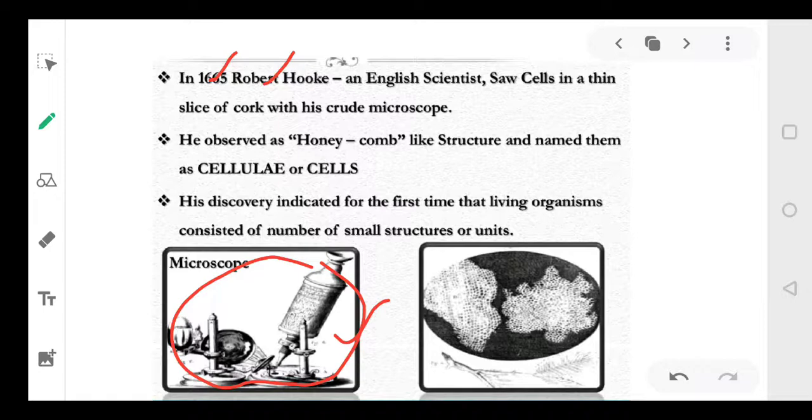He was observing that bark of the tree under his microscope. When he observed that cork of a tree, he saw that it has honeycomb-like structures, like a beehive. Like this you can see. He called these honeycomb-like structures cells. What did he call them? Cells.